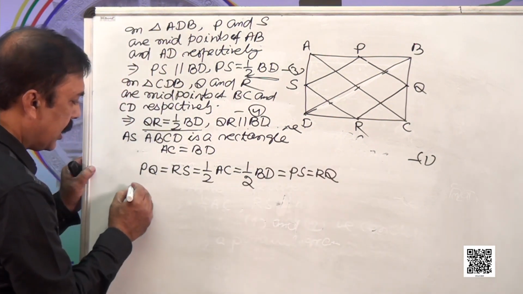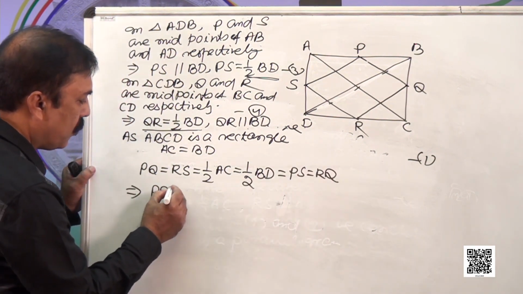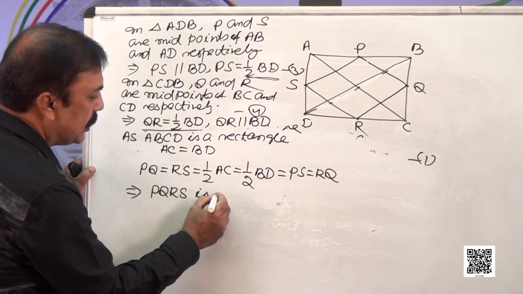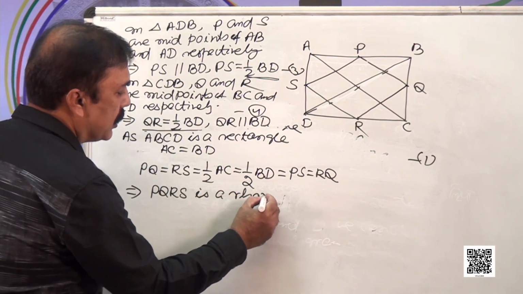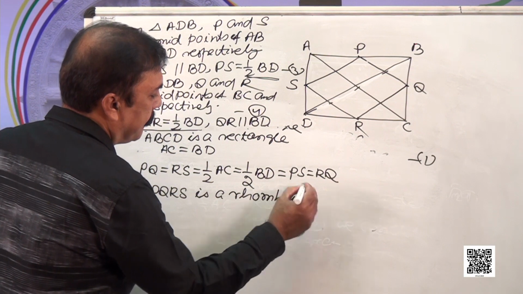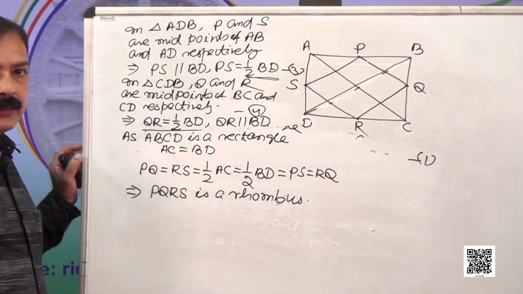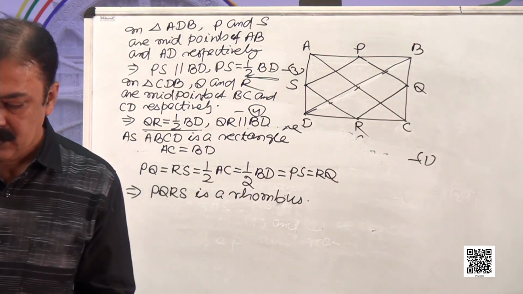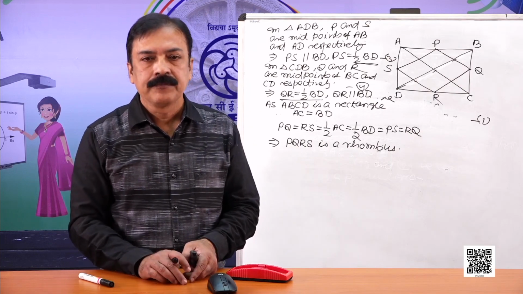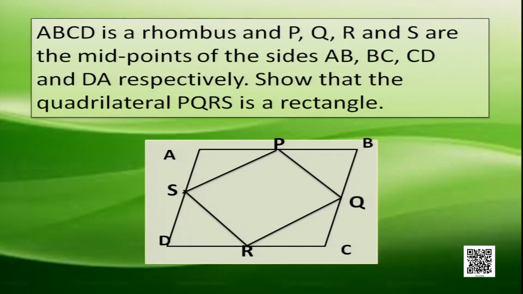So we can say that PQRS is a rhombus. So here we proved this question by applying the midpoint theorem.